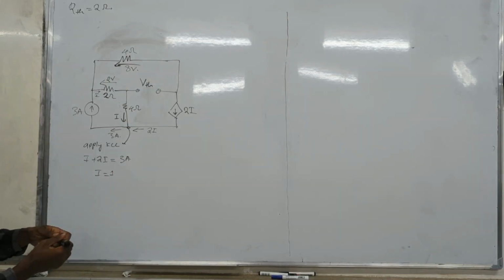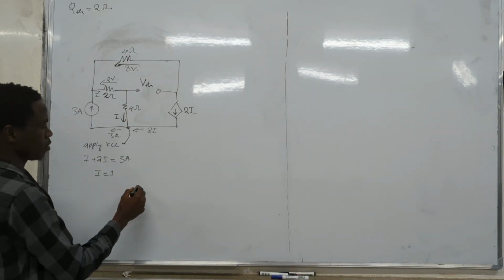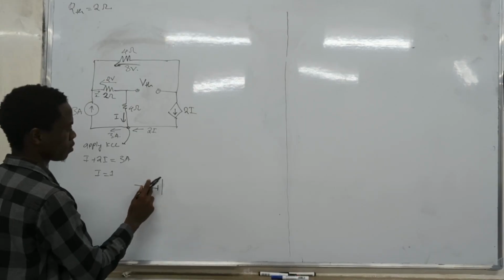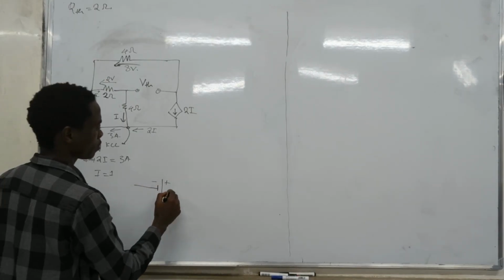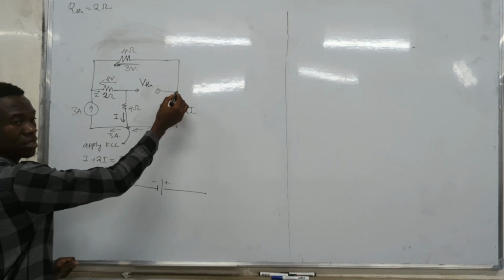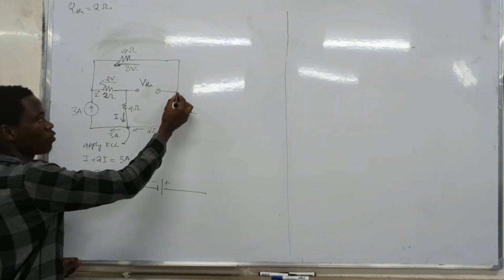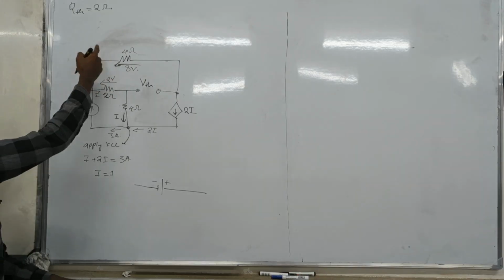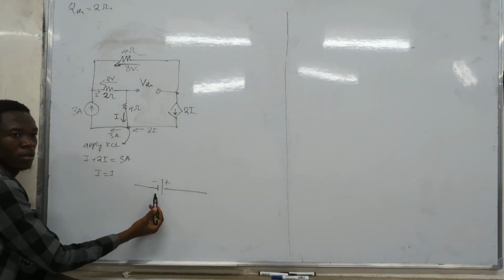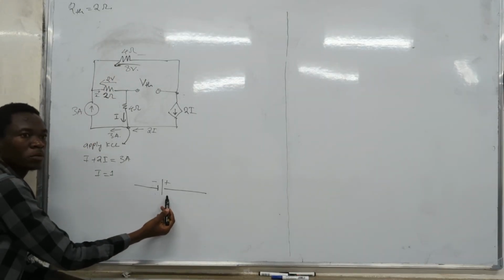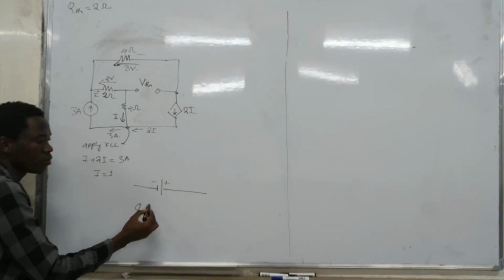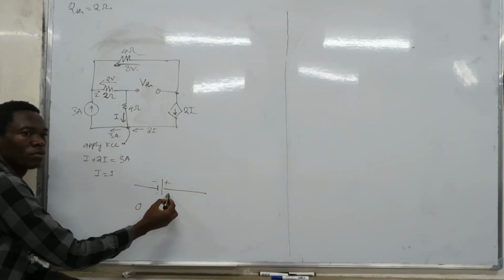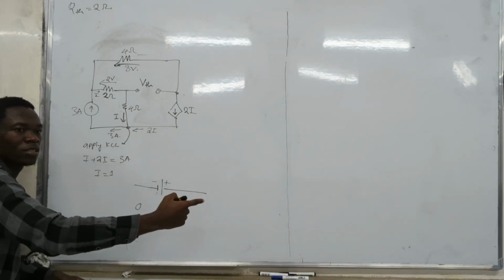So you start, it's like this: minus, plus. You start at 0. You have 0 volts. Then this is a voltage rise. You are moving from a negative terminal to a positive terminal. When you move from negative to positive, you gain in voltage.